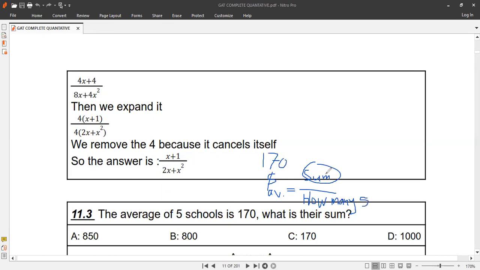If you want to find the sum, multiply the average by how many. If you want to find the average, you divide the sum by how many. If you want to know how many, you divide the sum by the average, by the way. So in this case, we multiply 170 by 5 only. Simply 17 multiplied by 5 is 85, and we add the 0, it's 850.